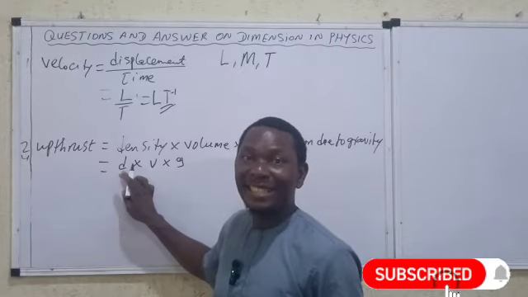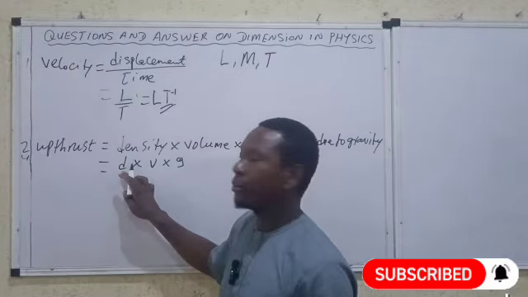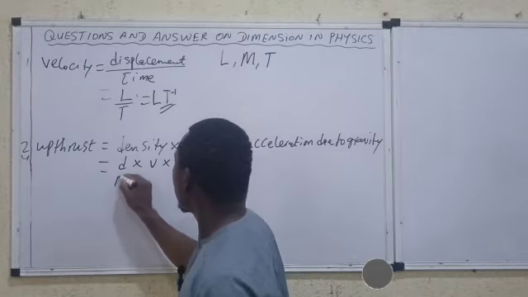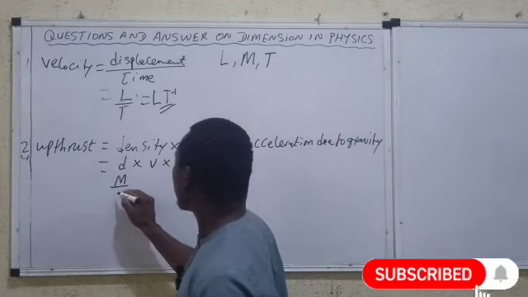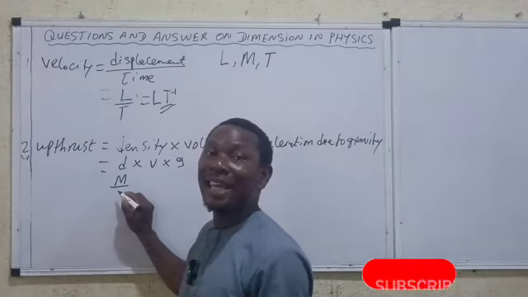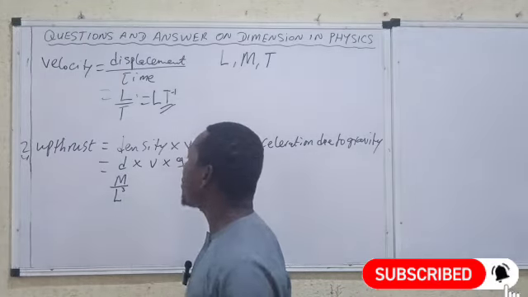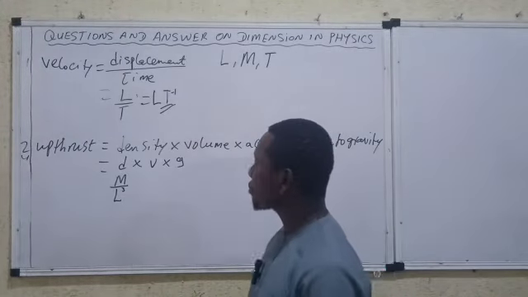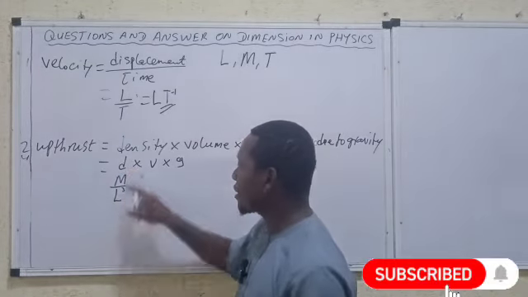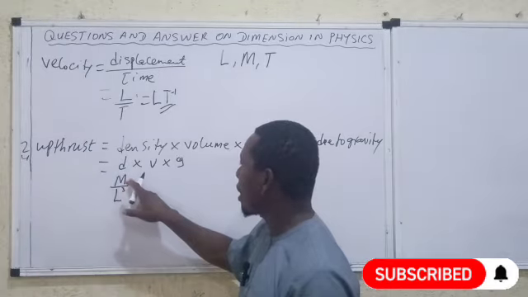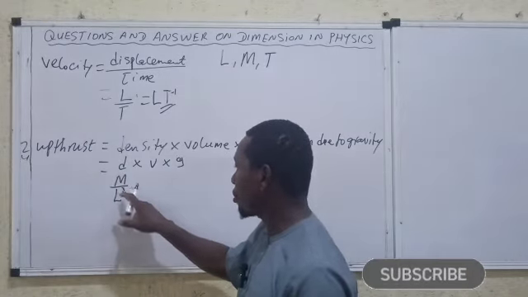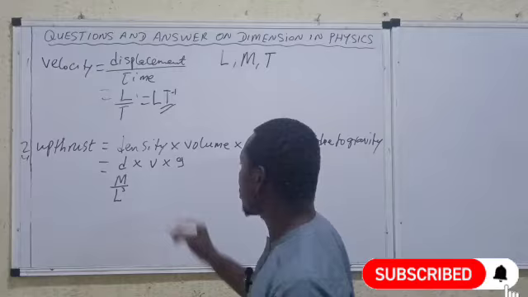Remember, density is mass all over volume, so this is M all over V. Volume is length times breadth times height, so L cubed. So the dimension of density is M L to the power negative 3. We'll present this in the appropriate format.